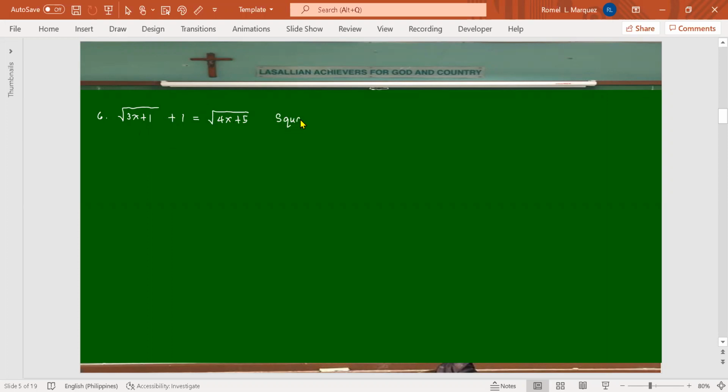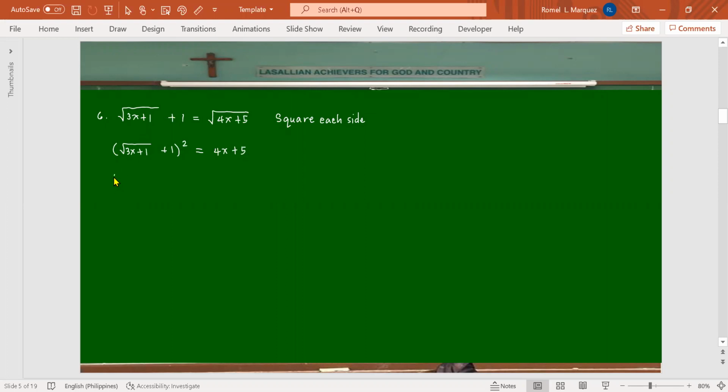So square each side. Okay? So when we square, we have the square of this radical plus 1, quantity squared. What is the square of this radical? No more radical. So let's now expand the left side.